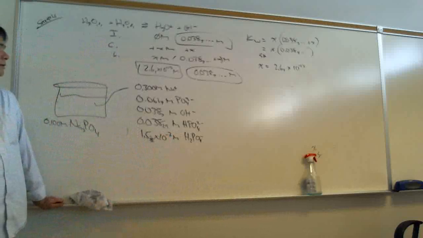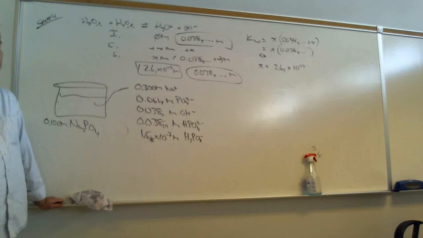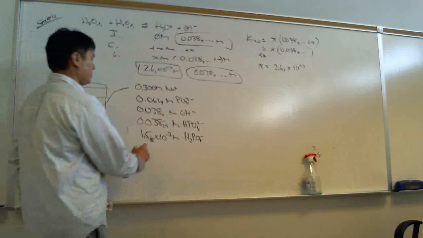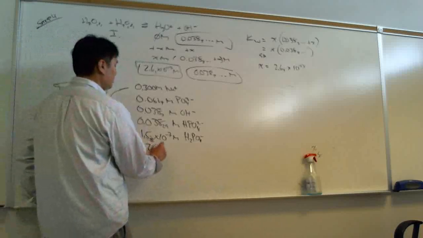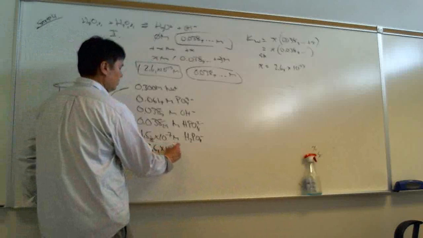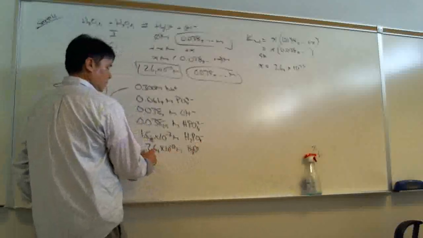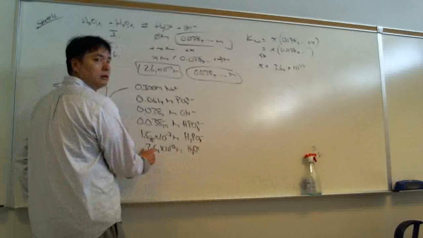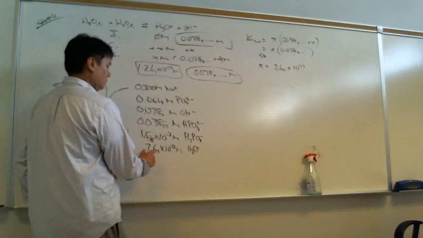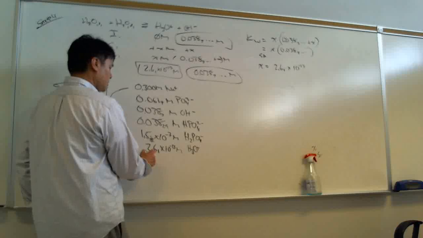Next. Hydronium. Okay. 2.61 times 10 to the minus 13 molar hydronium. And phosphate or phosphoric acid.